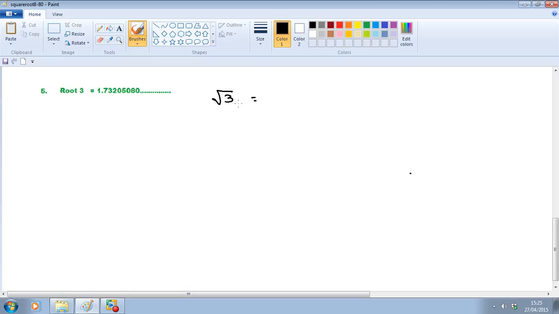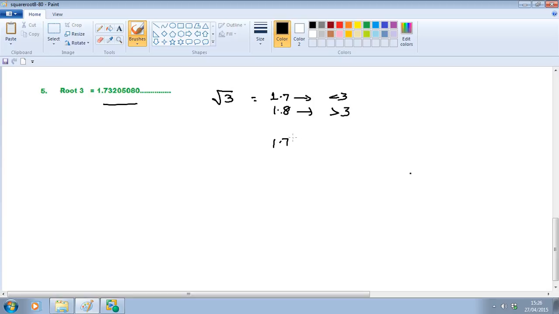That is one way, using our ad hoc formulas. First digit, let us take it as 1. Next, we should try with 7 and 8, 1.7 and 1.8. If you see, 1.7 squared will be less than 3. If you try 1.8, it will be more than 3. So the value lies somewhere in between.